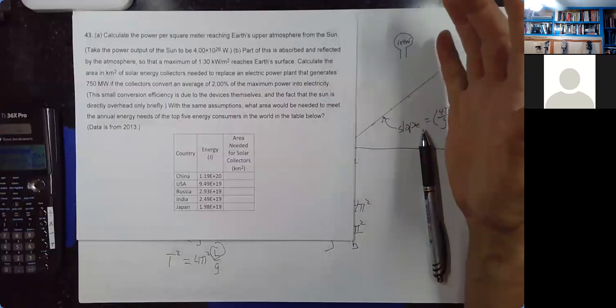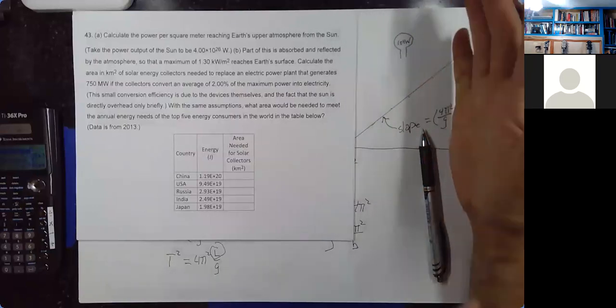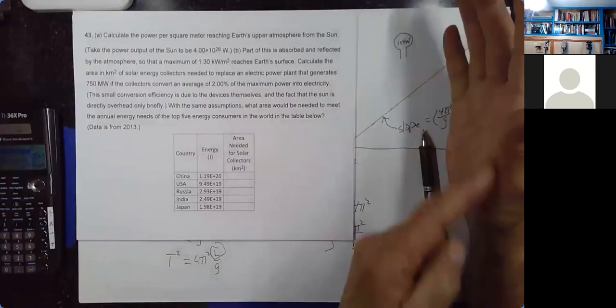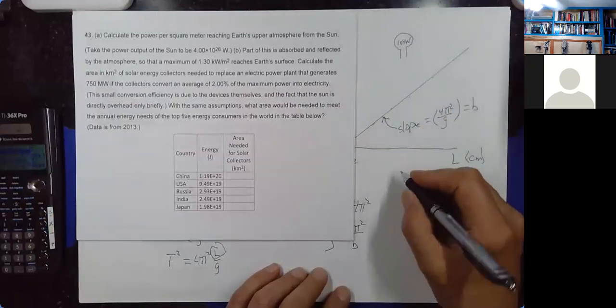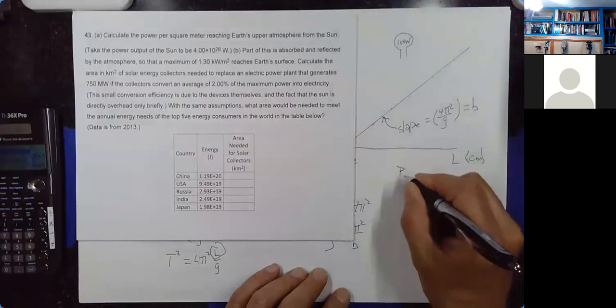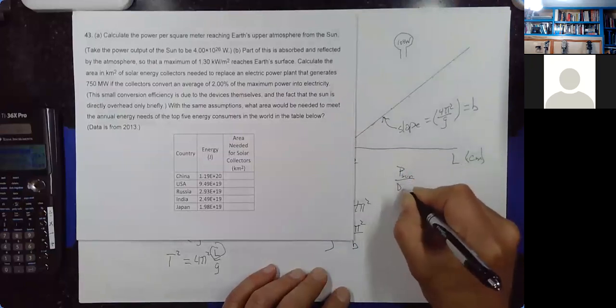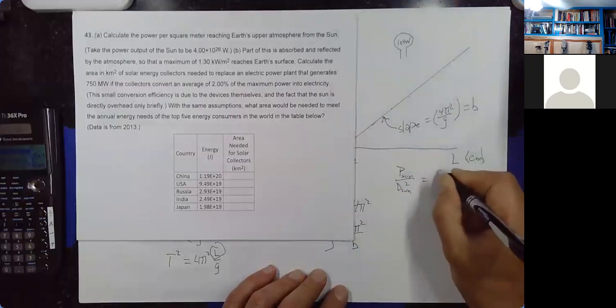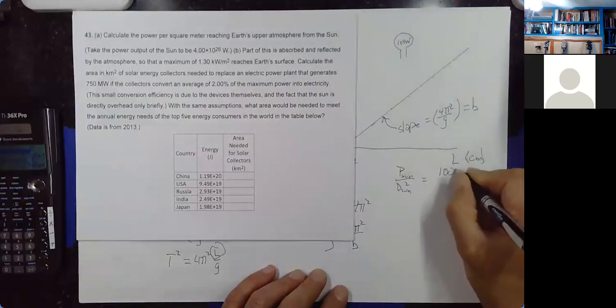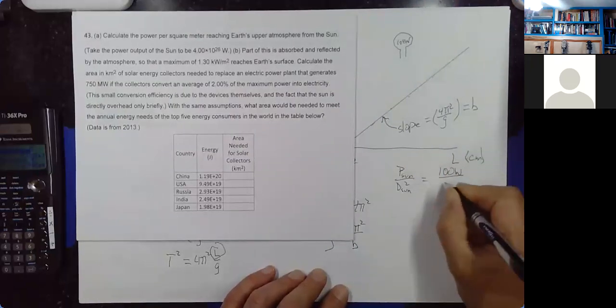And so we can measure the distance from their hands to the light bulb, and we know the distance to the sun, and it turns out that the power output of the sun divided by the distance to the sun squared would equal the 100 watts of the light bulb divided by the distance to the light bulb squared.